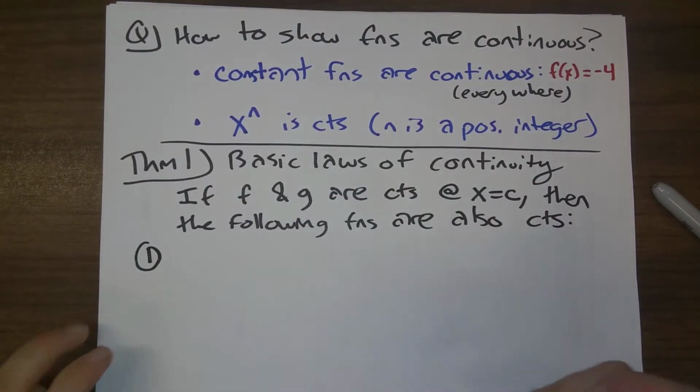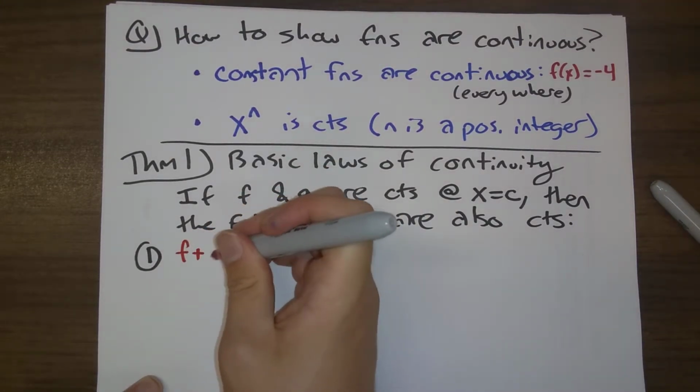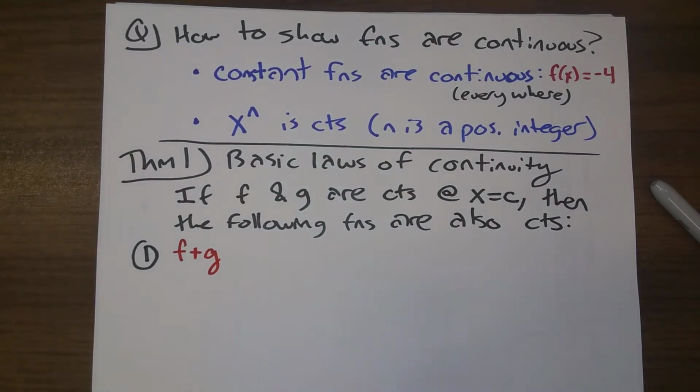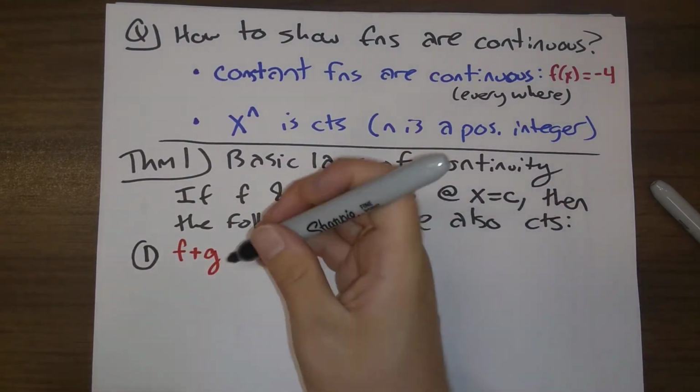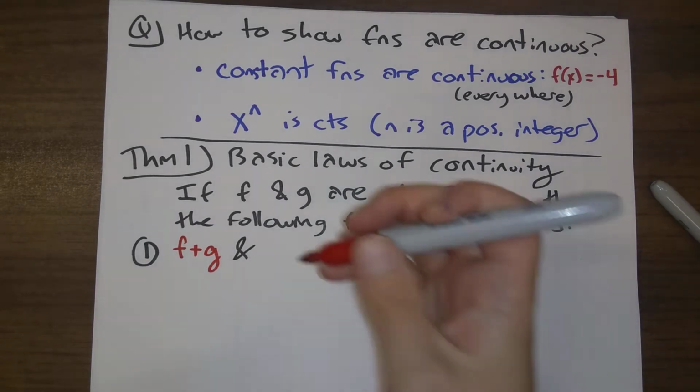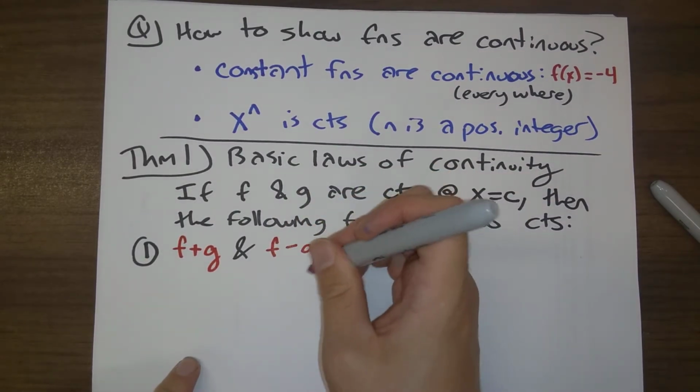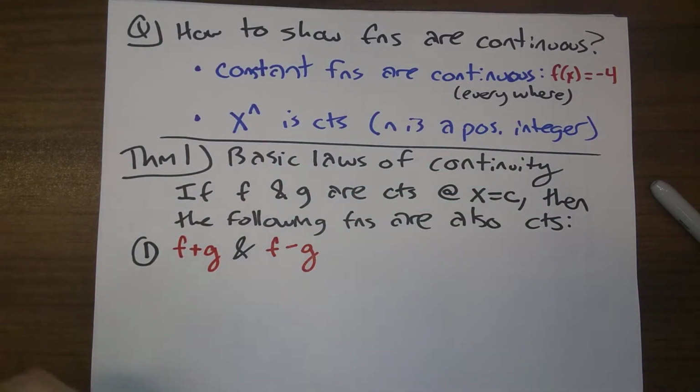The first thing is that if you have 2 continuous functions, you can add them together to get a continuous function. Also, instead of adding them, you can subtract them. So a continuous function plus a continuous function is continuous, and a continuous function minus a continuous function is continuous.